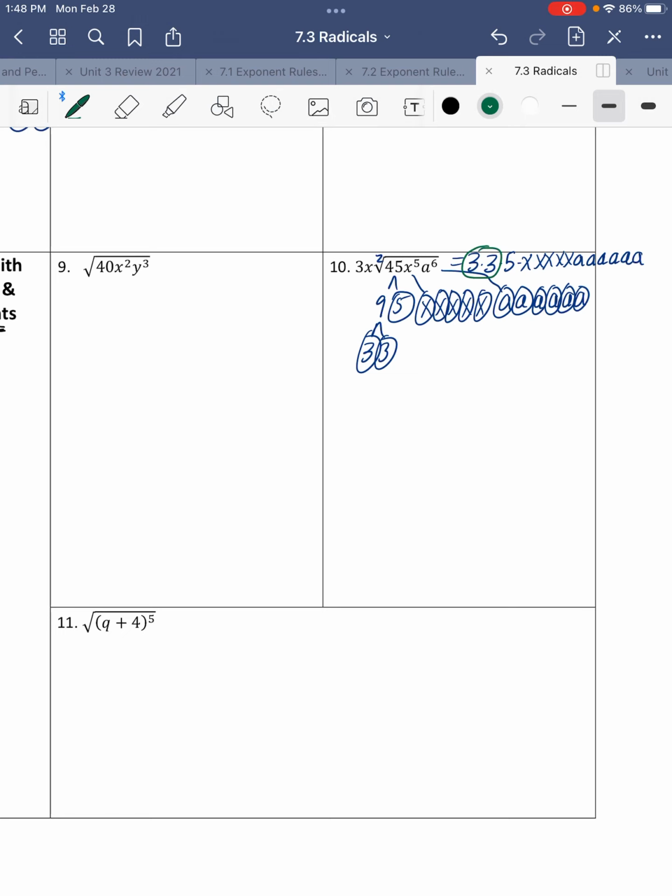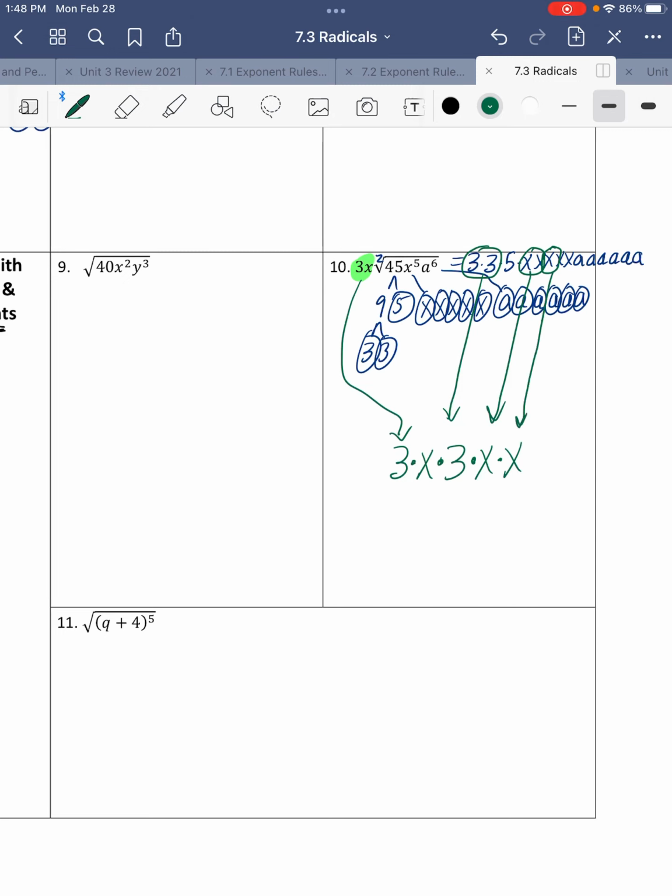It is a square root, so we are looking for pairs. So a pair of 3's comes out. Now let's be very careful. This x to the 3x over here needs to come down first. That's 3 times x. We're going to bring this 3 down, pair. We have a pair of x's, another pair of x's, so it's going to come down.